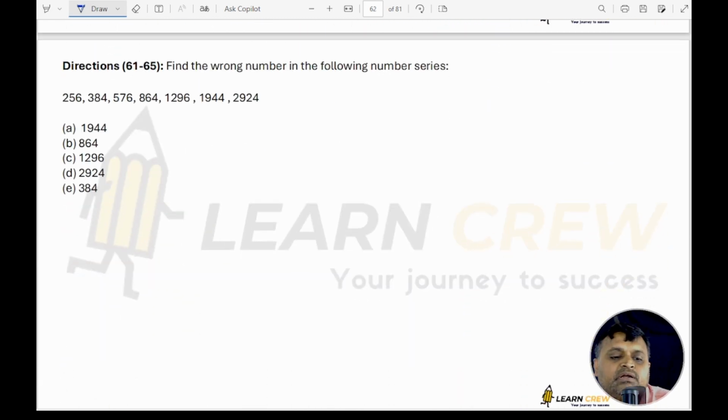Next, pick the wrong one in the given sequence. If you see here 256, 384, 576. 256 plus 128 is 384, plus 192 is 576. So it is into 1.5 throughout; the logic is into 1.5. Then 1944, the half value is 972.